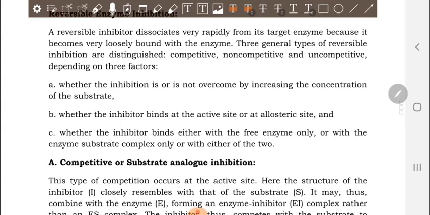This inhibition is overcome by increasing the concentration of the substrate, and the inhibitors may be detached. This is called competitive inhibition, and non-competitive and uncompetitive are the other types. So the reversible type is further classified into competitive, non-competitive, uncompetitive, and mixed type of inhibition. We are going to study all the types.